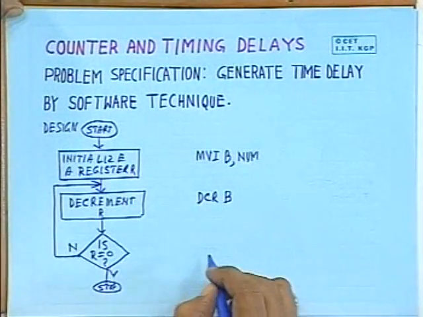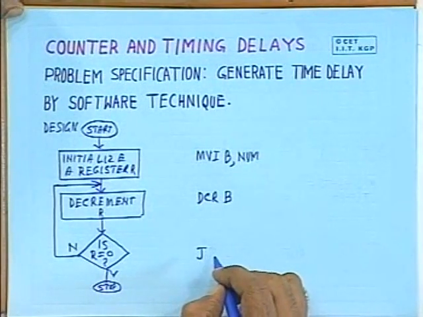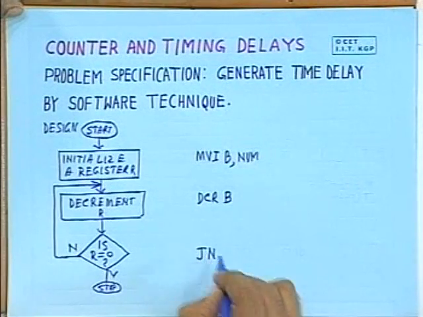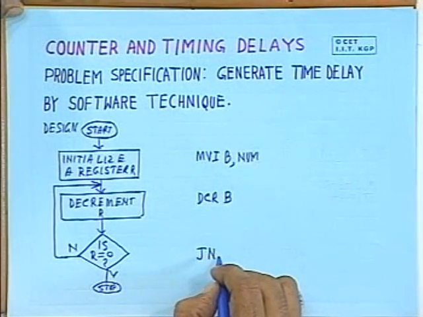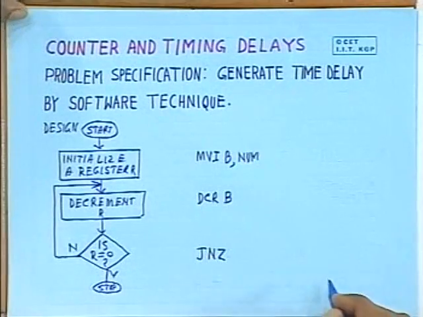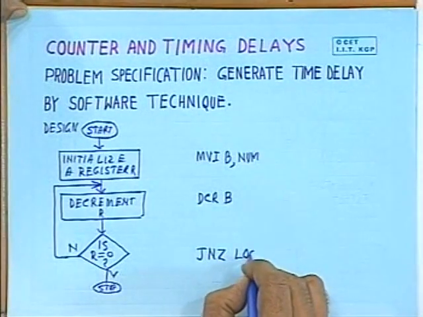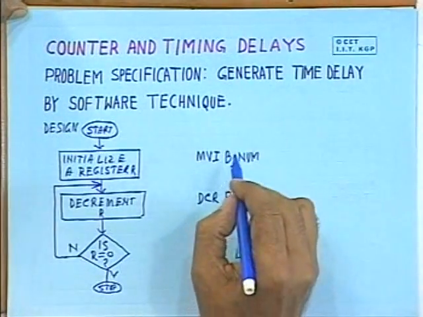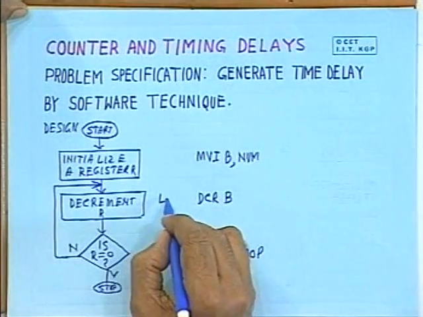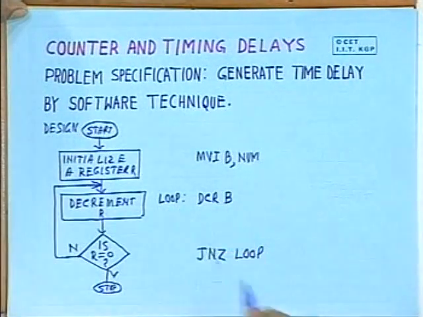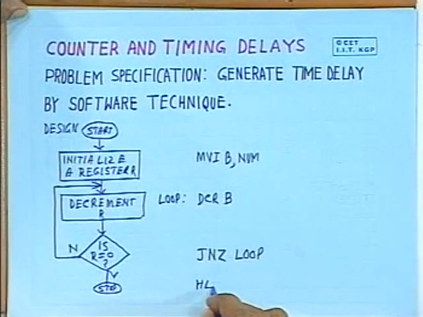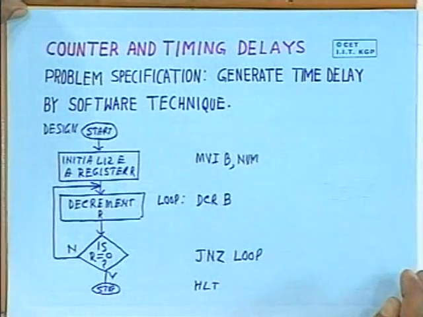Then you implement this block by using JNZ loop. Here you have to put the label for loop, and then HLT. The program is as simple as this.